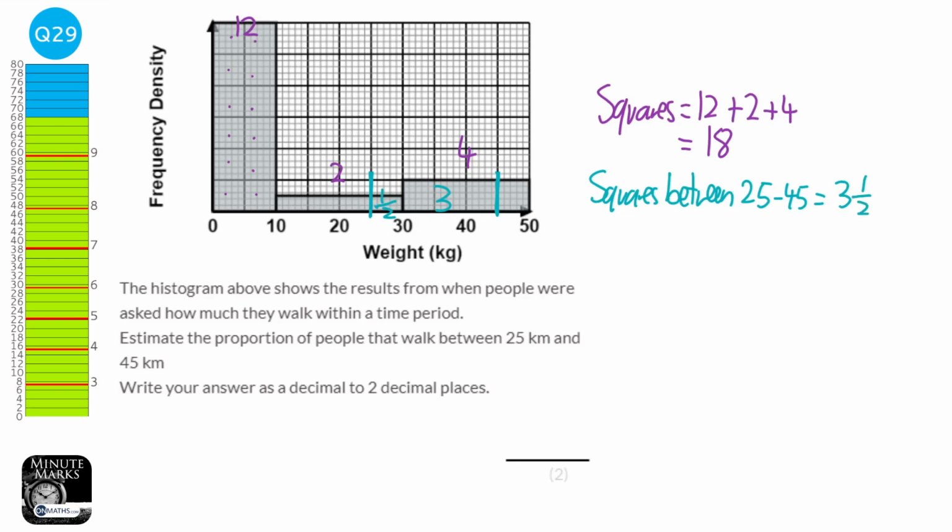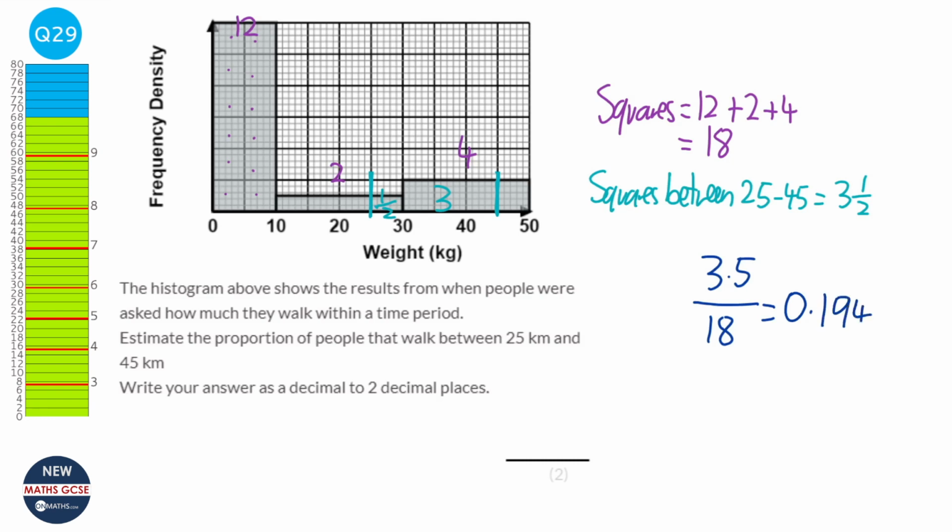So we've got 3.5 in total out of a possible 18. So we just need to do 3.5 divided by 18 to work out the proportion, and that gives us 0.194 and so on. It says it wants 2 decimal places, so that would be 0.19.